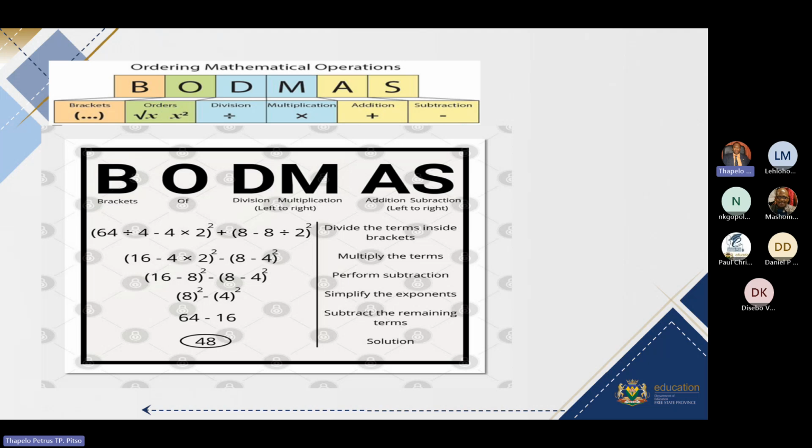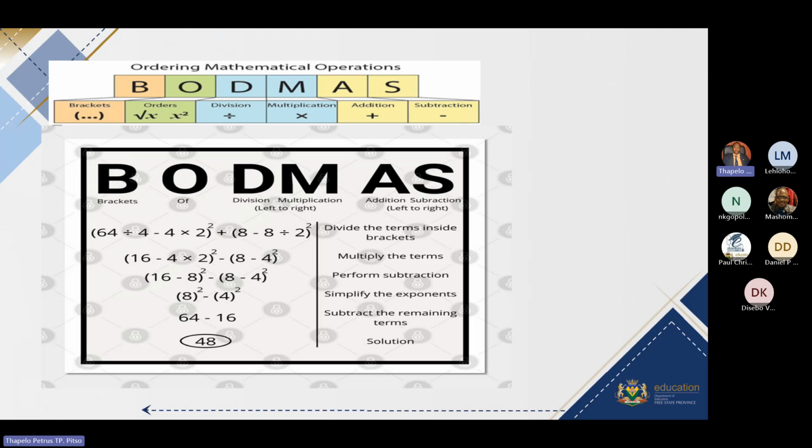That is the order. Then next thing is division and multiplication. We move from left to right, remember. Whichever comes first, we deal with it between the two. If multiplication comes first, we deal with it before division. Same with addition and subtraction.